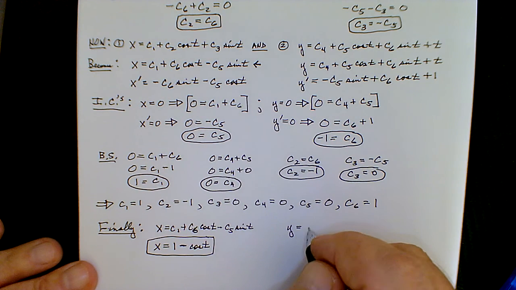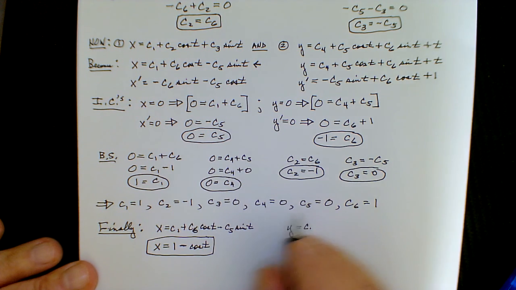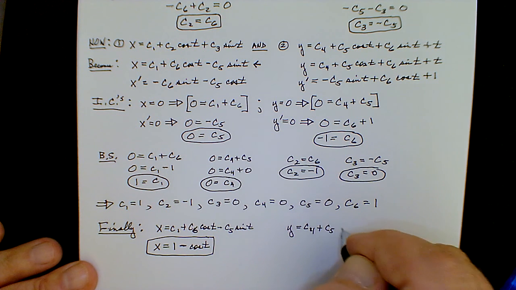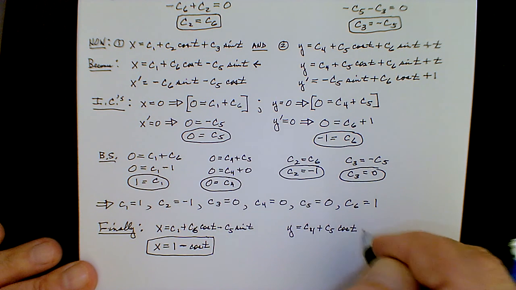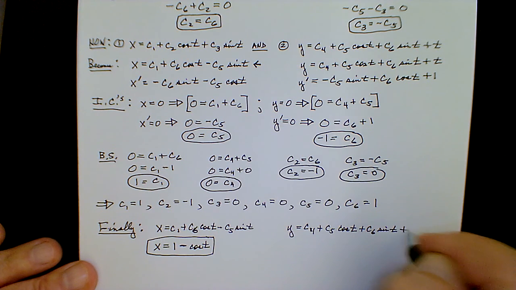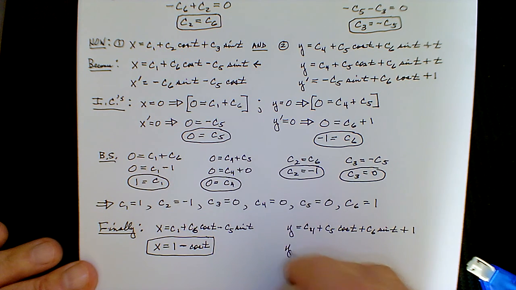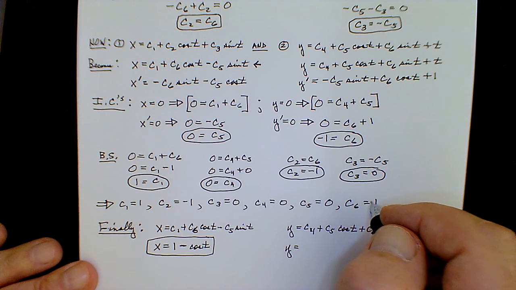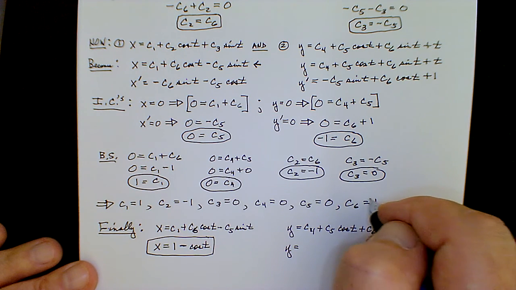And then similarly y, which was, because C5 was 0, sorry, and what it was C4 plus C5 cosine t plus C6 sine of t plus 1, and so substituting C4 is 0, C5 is 0, C6 was a, I recopied this, it was a -1.